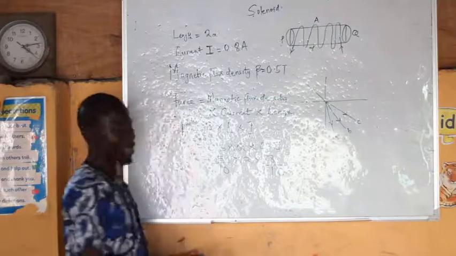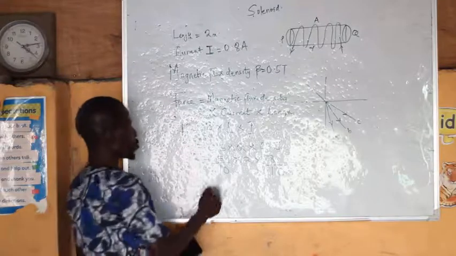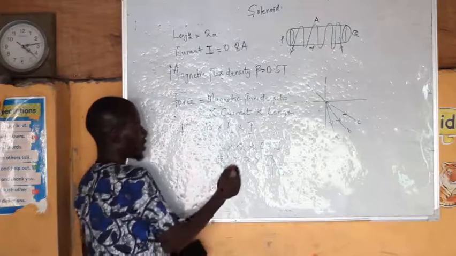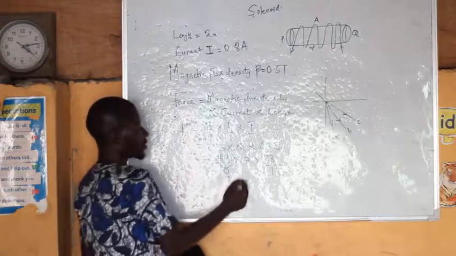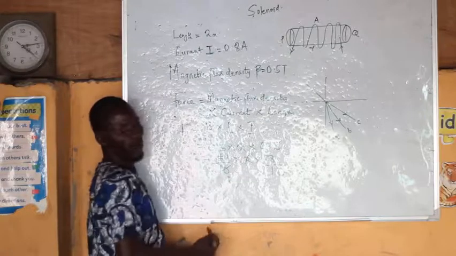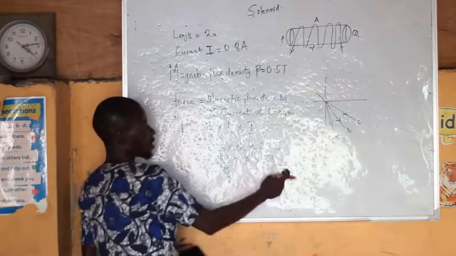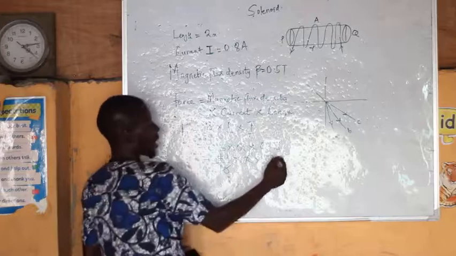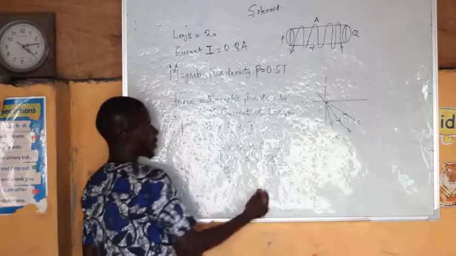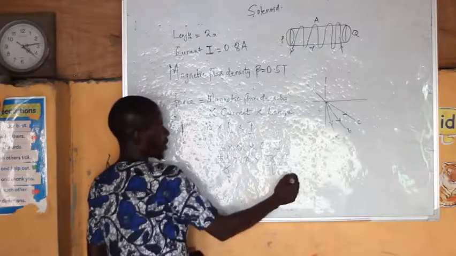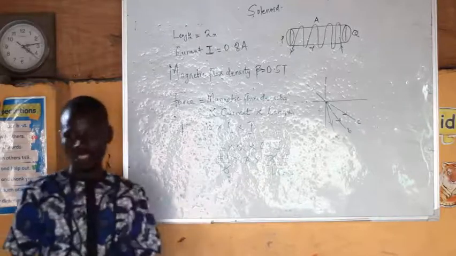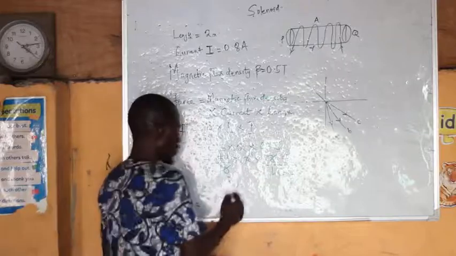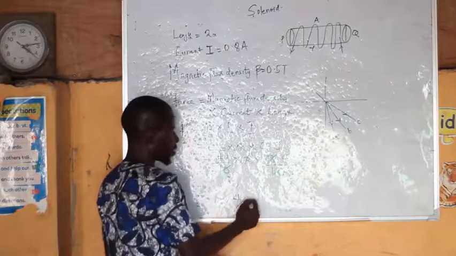So in this aspect, we can cancel. 5 can go here 1, 5 can go here 2. 2 can go here 1, 2 can go here 1. You are left with 8 over 10, isn't it? 2 can still go in this one is 4, and 2 can go here 5. Then you can now divide this by this. 4 divided by 5, what's it going to give?